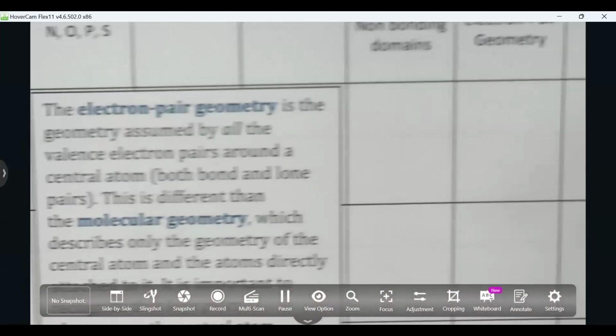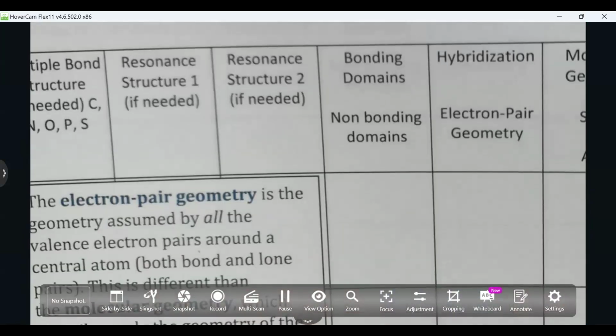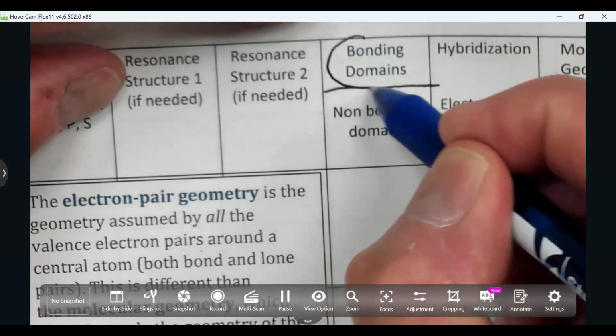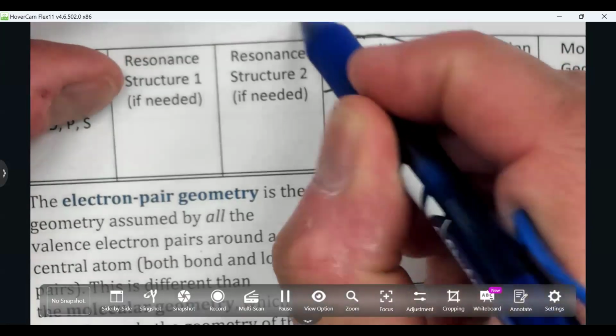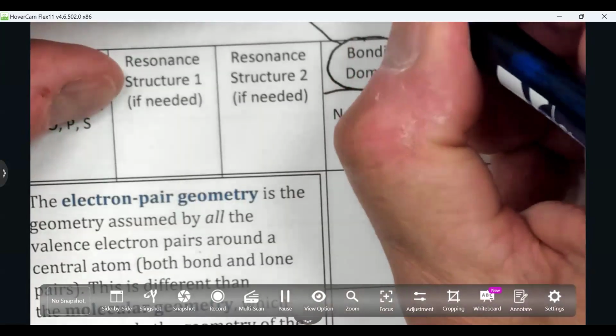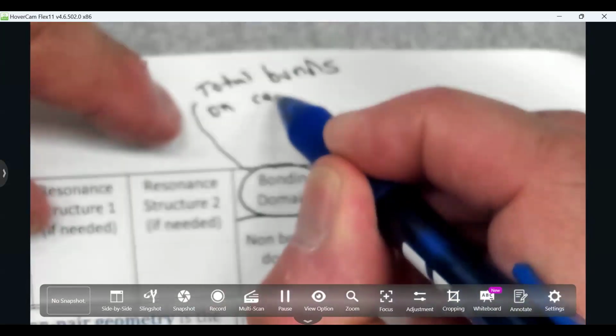Now here's this concept of bonding domains and non-bonding domains. Bonding domains are the total bonds on the central atom.